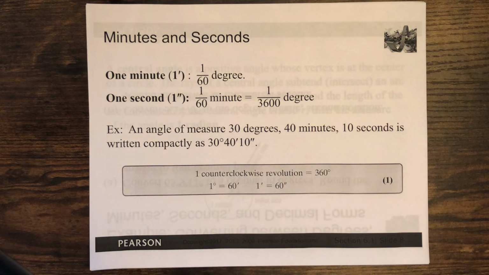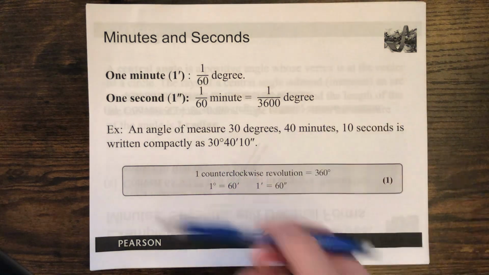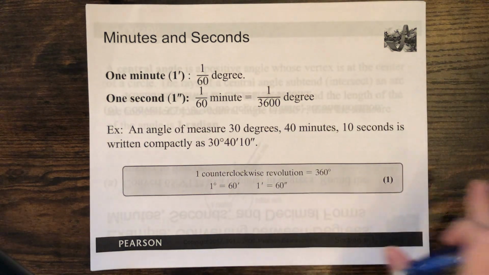So it's really just more of a conversion that you'll have to learn and practice. This is used a lot with latitude and longitude. I think the military uses it a lot to be exact in where they need to be or where they need to do things. So this is really just, again, kind of a conversion.